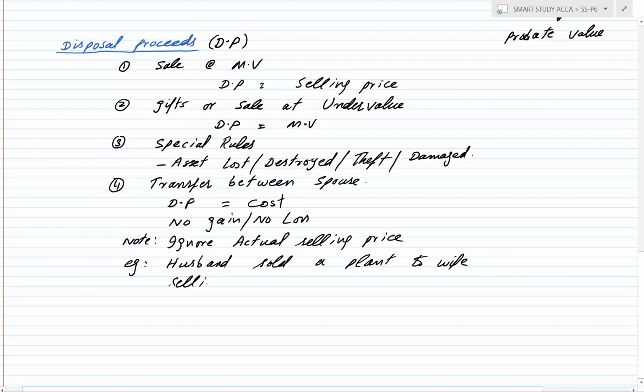Selling price is say 6,000. Market value is 10,000 and cost of the asset is 3,000. So this is a small example.